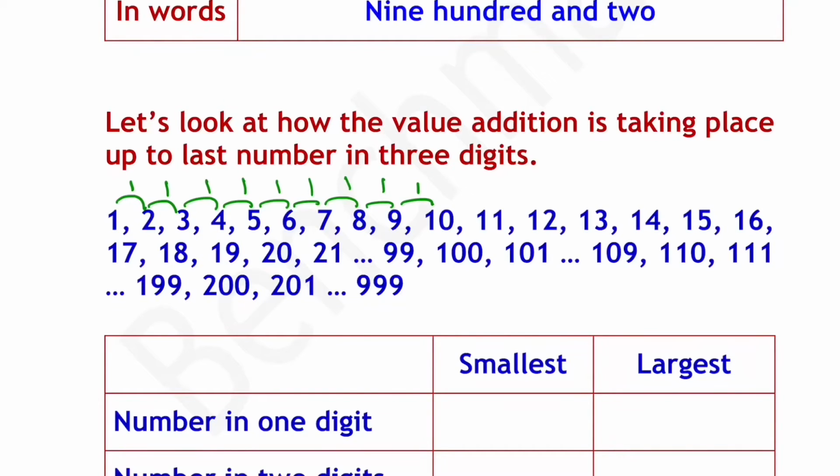After that, when you maintain that gap, 10 becomes 11, and it becomes 12 and so on. It will go up to 20. Then when you maintain the gap of 1 unit, 20 becomes 21, and then 30, 40, up to 99.